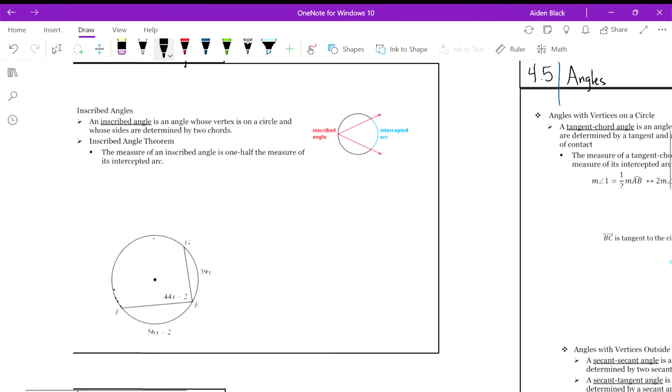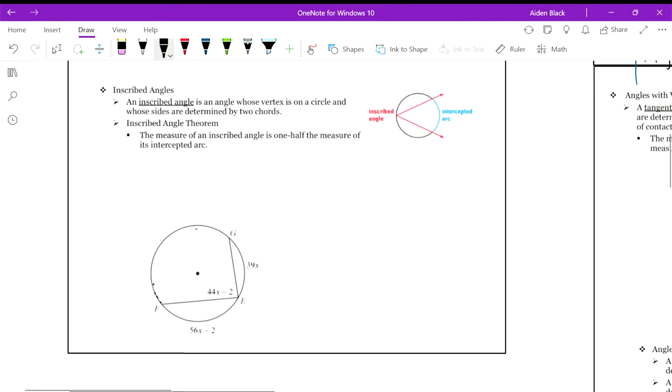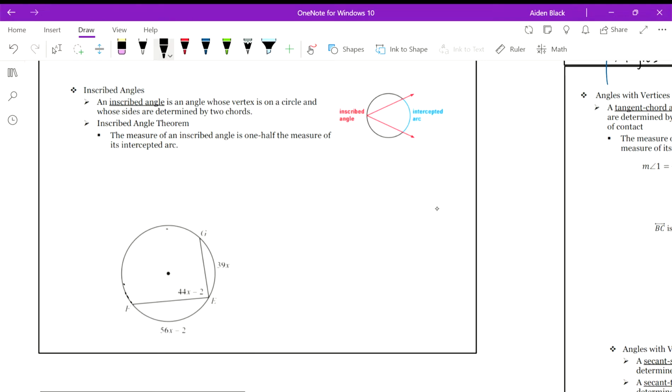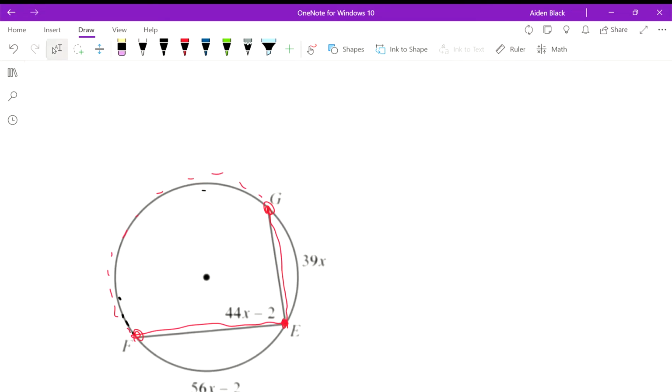You then learned about inscribed angles. Inscribed angles are essentially just angles whose vertex is on the circle and whose endpoints are also on the circle, creating an intercepted arc. What's the relationship between that intercepted arc and the inscribed angle?